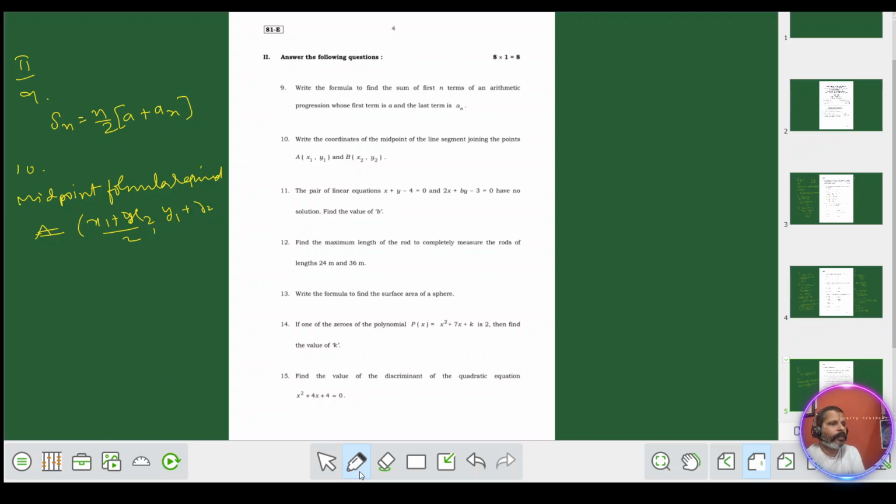When you read the formulas, please pay attention while you study them. See, this is the third formula they have asked out of 16 questions.